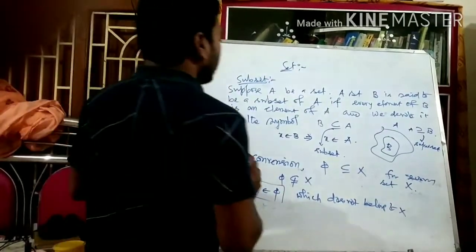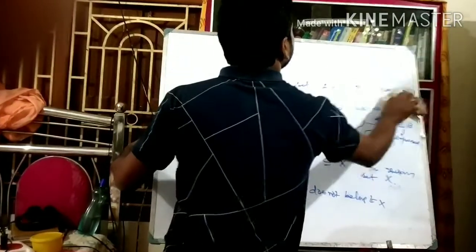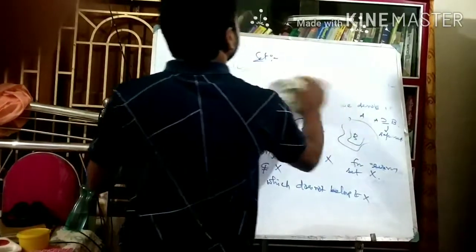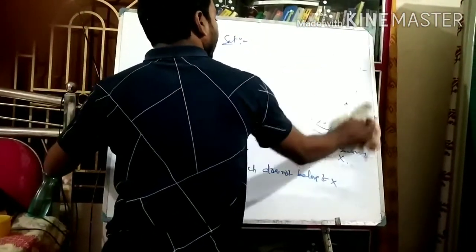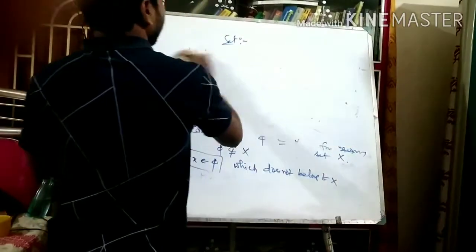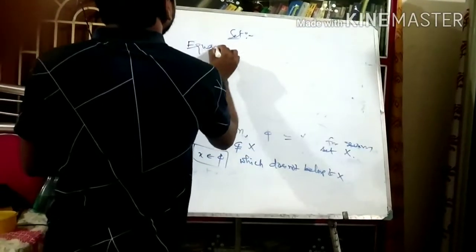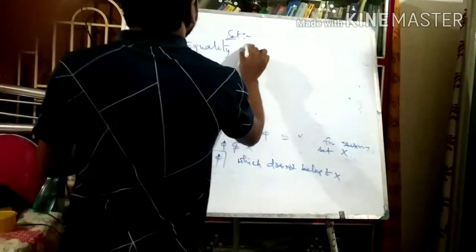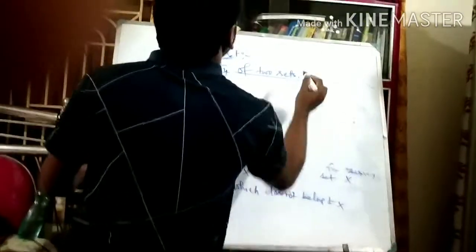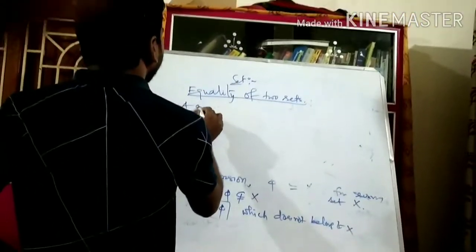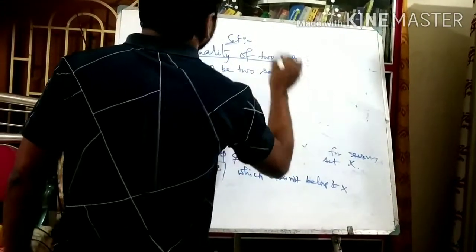Now let us come to the equality of two sets. Suppose A and B are two sets.